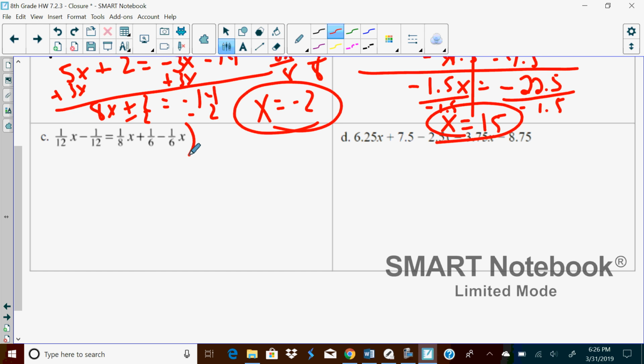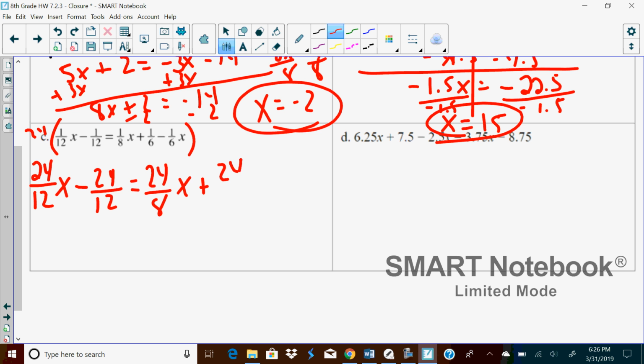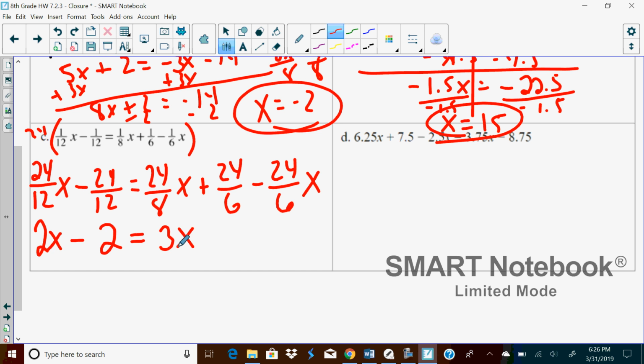For C, I multiplied everything by 24. So then I ended up with 2x minus 2 equals 3x plus 4 minus 4x.